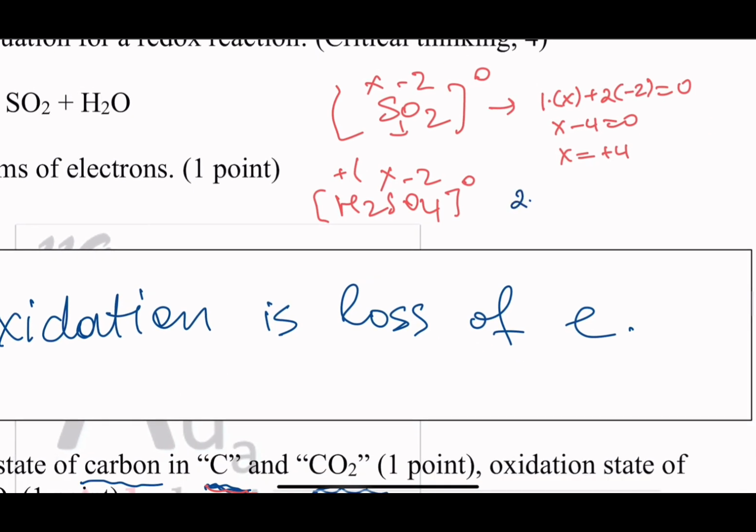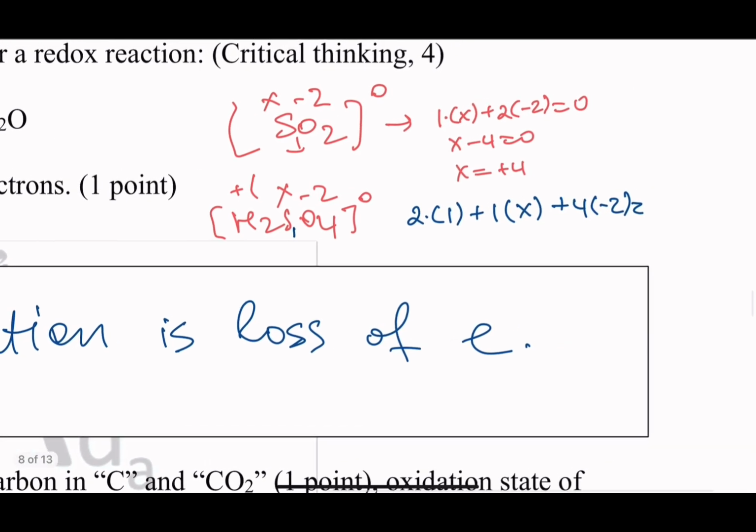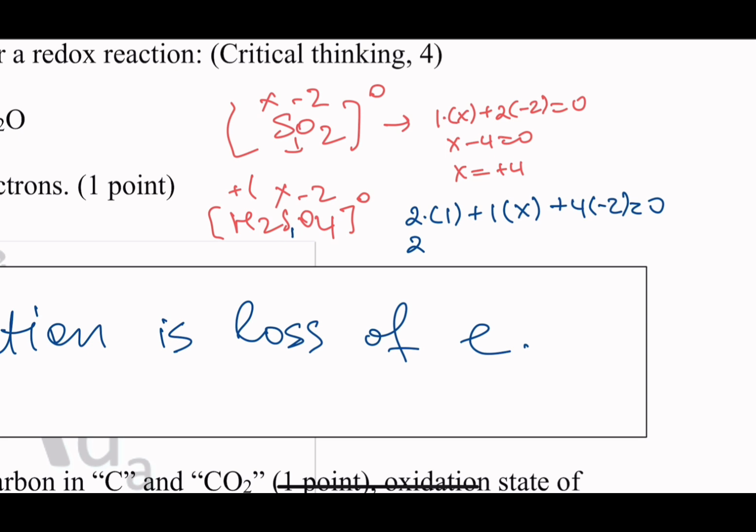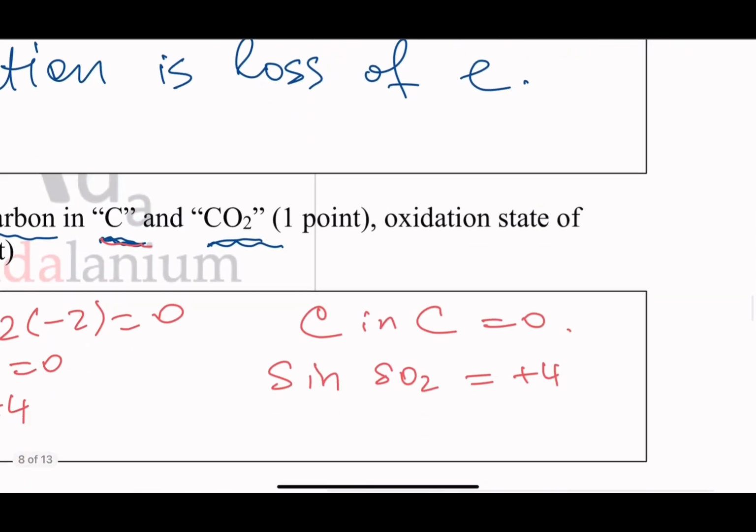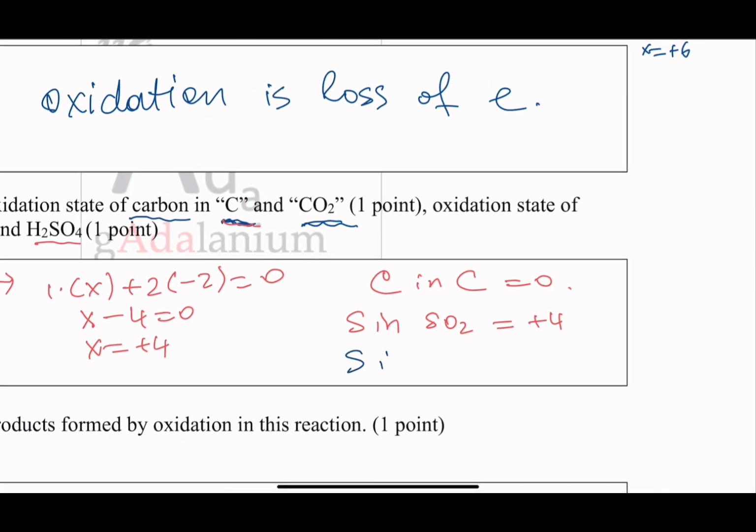So 2 times 1 plus, there's only 1 of sulfur, 1 times X plus 4 times -2 adds up to 0. And then 2 plus X minus 8 is 0. X minus 6 is 0. X is plus 6. So sulfur in H2SO4 is plus 6.